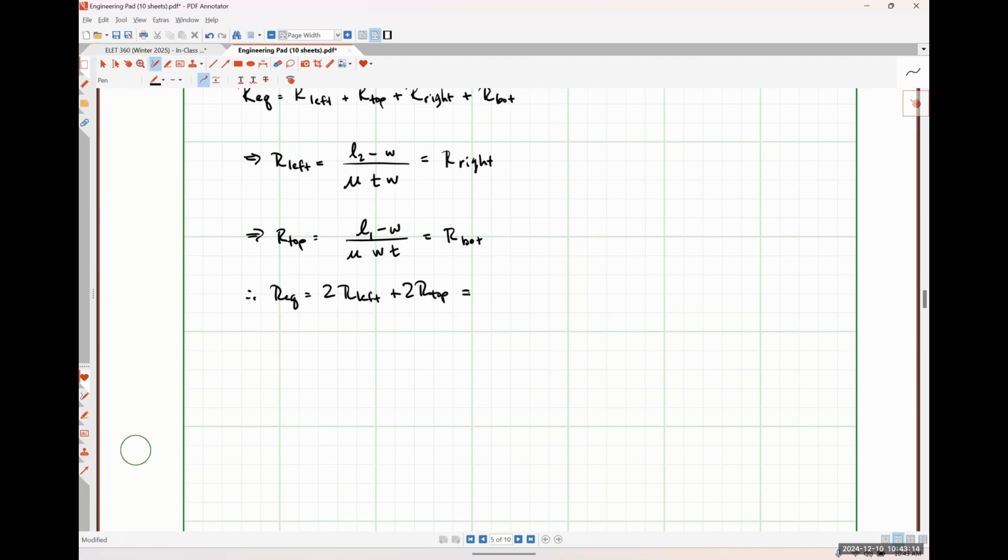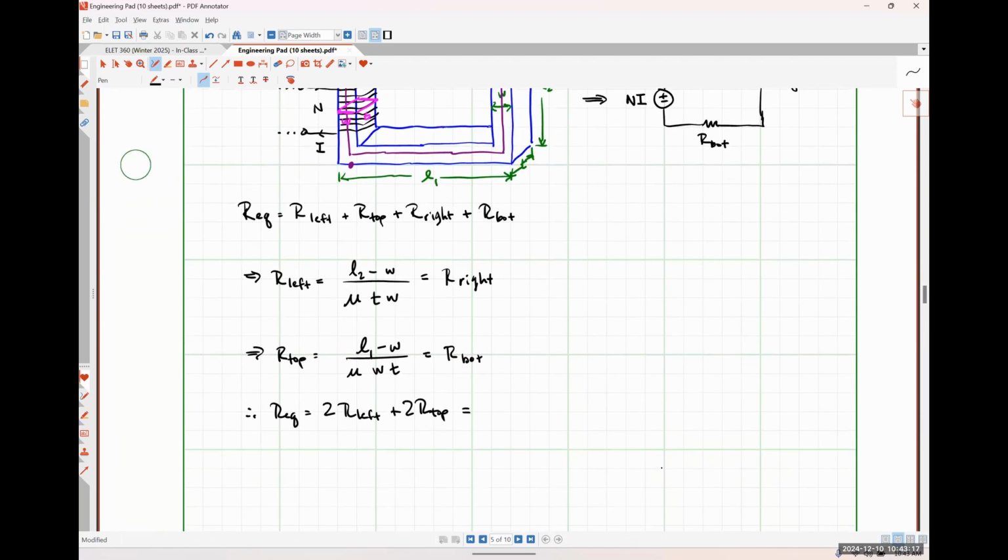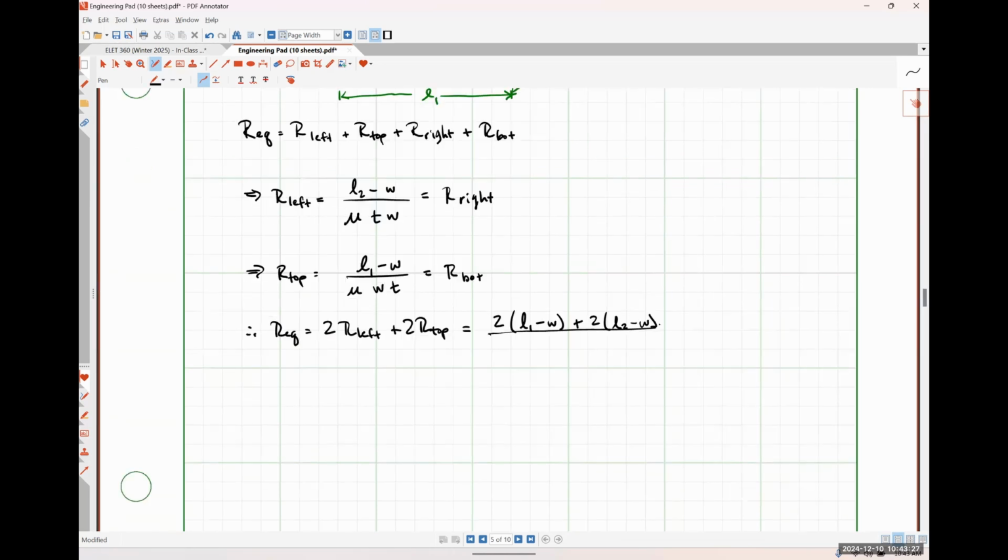So this is actually going to be the same thing as simply twice (L1 minus W) plus twice (L2 minus W) all over mu WT for this particular case, where since our cross-sectional area didn't change, we could have just used the average lengths of the flux path like we did for our toroidal coil and calculated the equivalent reluctance in one go, just by adding those lengths together.